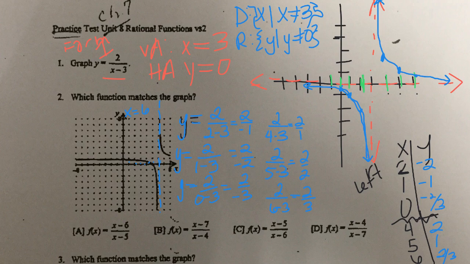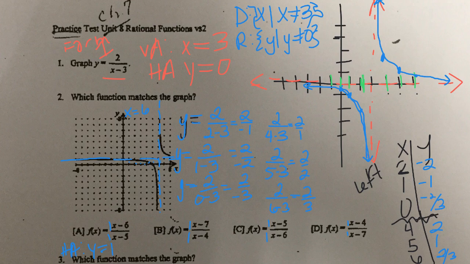And it looks like a horizontal asymptote about 1. If we look at all of our answer choices, all of our horizontal asymptotes are the ratio of the coefficients. That means all of these horizontal asymptotes are y equals 1. So we don't have to worry about that.